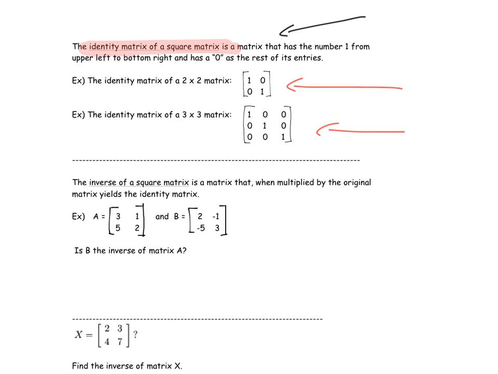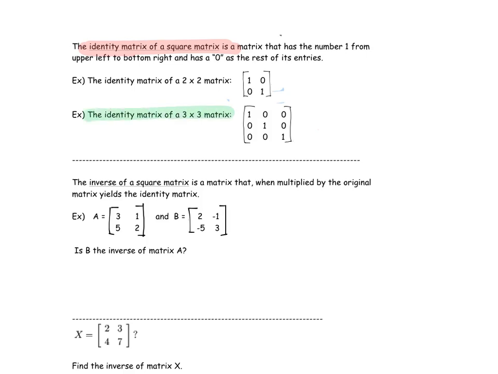So take a look at these two examples I'm giving you here. This first one is an example of the identity matrix of a 2 by 2. Notice it has 1s along the main diagonal and 0s every place else. So that's the identity matrix of a 2 by 2.